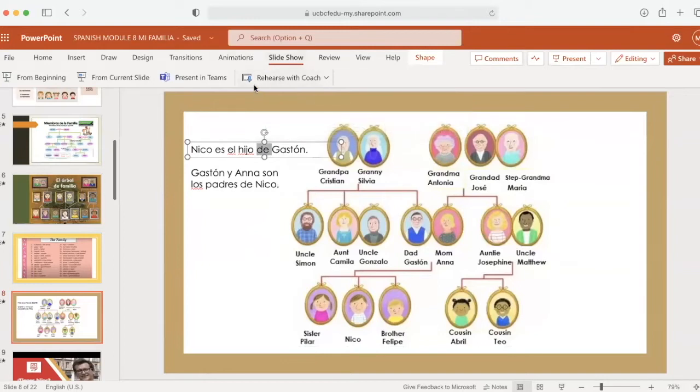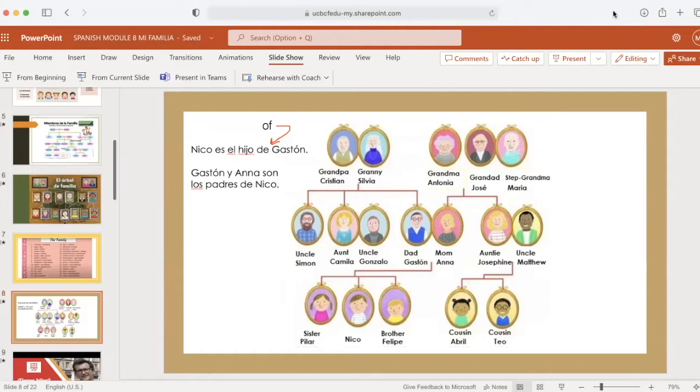De means from or of. More appropriate in this context is of. So Nico es el hijo de Gaston. Is it correct? Correcto. Gaston y Ana son, because they're two, los padres de Nico.